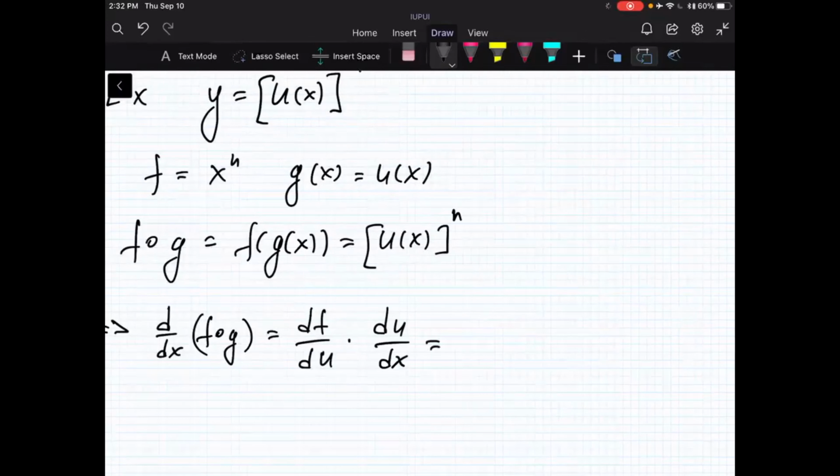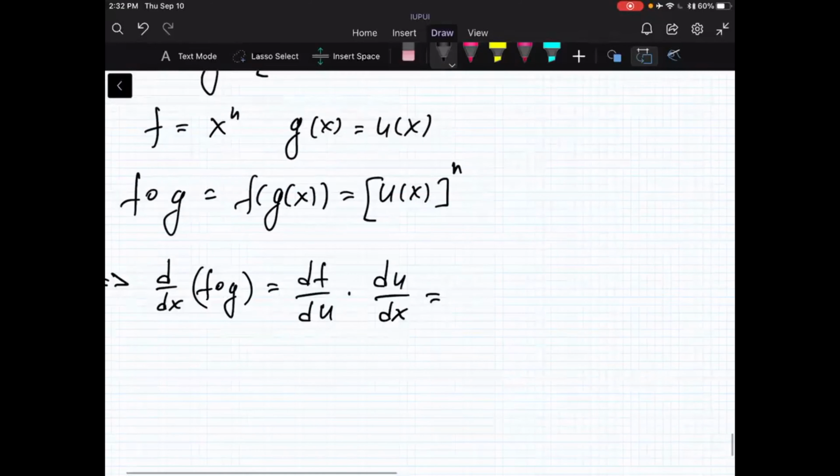And so you should just differentiate. Again, this f is a function of u. So what is f of u? f of u will be u to the power n.